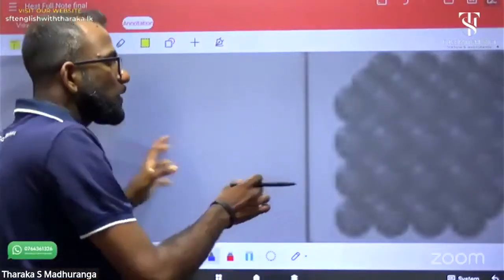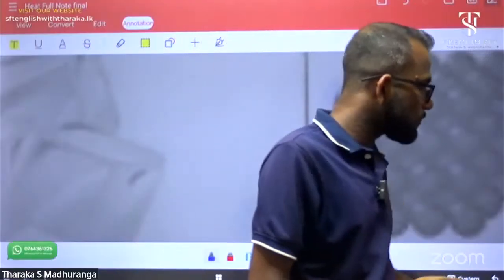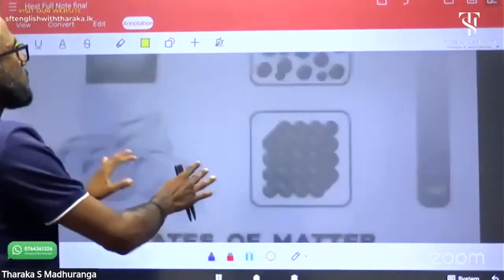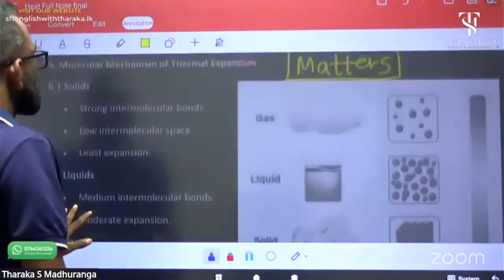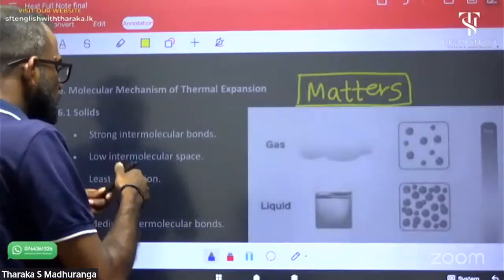Their molecule kinetic energy is very low. Molecules are highly compacted like this. Therefore, their vibration ability is very limited, and they have very strong intermolecular bonds.